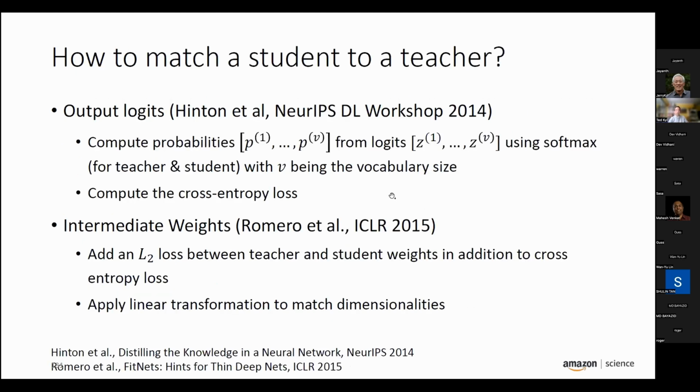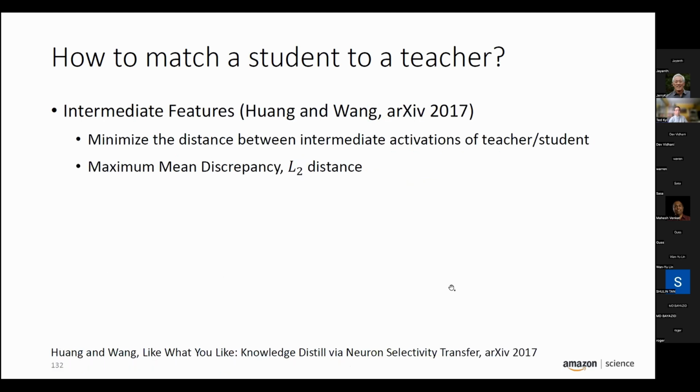Here you can see they add an L2 loss in addition to the cross entropy loss, and here they minimize the distance between intermediate activations. So again, we're not just going to use the final output. At intermediate points, we're also going to want to reduce the distance.